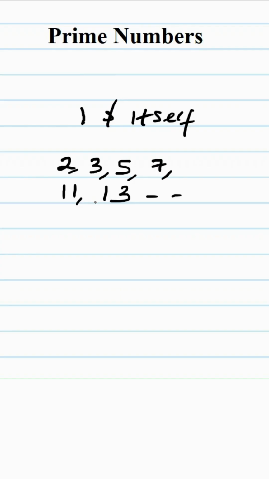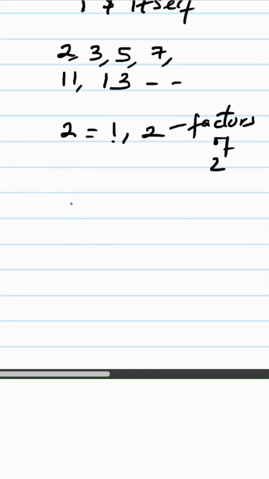Now, if you're wondering what I mean by numbers greater than 1 that have only 2 factors, for example, if we have 2 as a prime number, it means that just 2 numbers can divide 2, and they are 1 and 2. No other number can divide 2. So 1 and 2 are the factors of 2. For example, we have 5.